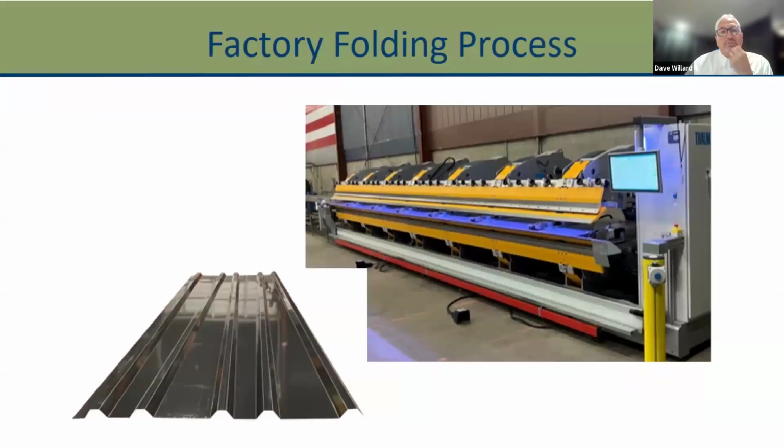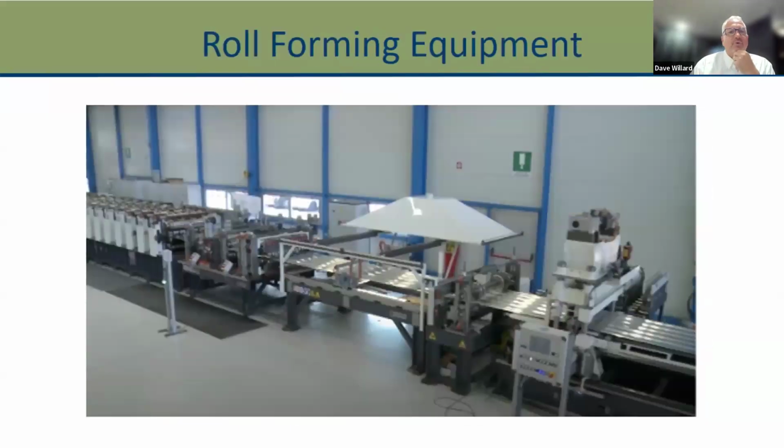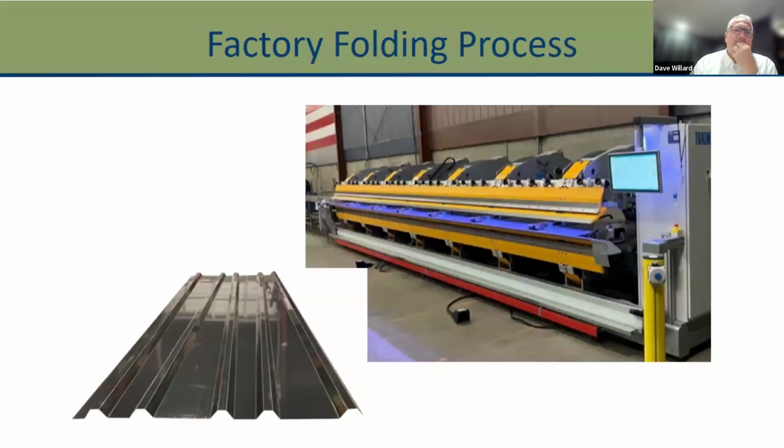We can also use different folding machines to fold panels and the products that you want to have. Obviously, roll forming machines are another option. One thing with factory folding, or when we use these types of machines, is lengths are limited. You could be limited to 15, 20, or 26 feet long for different items.